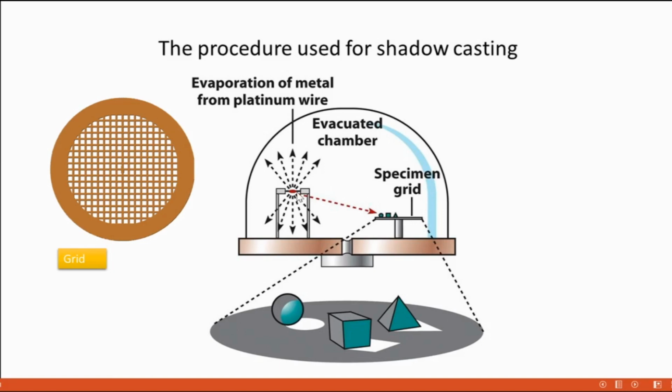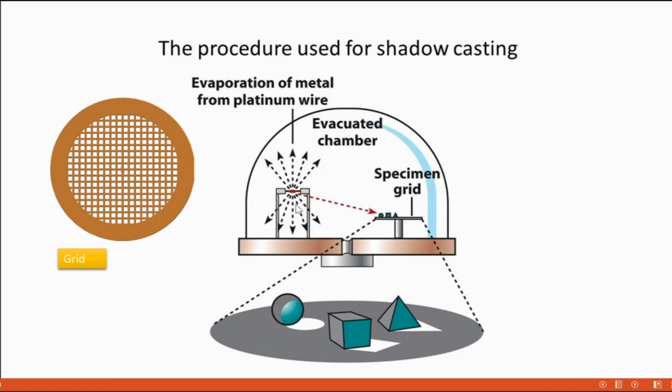Oblique means the angle of position of this filament is oblique to the position of the grid that is having the specimen. Understand? It is opposite to the grid and also oblique to the grid. Two things: opposite to the grid and also oblique to the grid that is bearing the specimen.